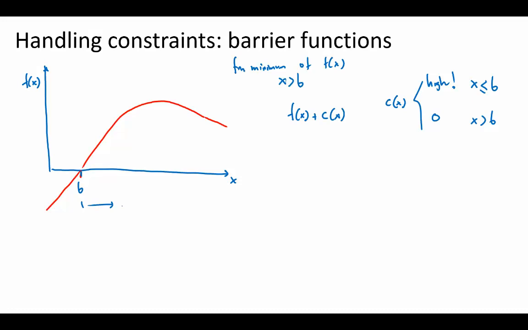So a possible way to do it is for c(x) to be a log. This is called a barrier function, and it can be done with a log: a factor mu times log of x minus b. Such that if x becomes less than b, that will be negative, and this will go to infinity, while if it's positive, then it will have a value.